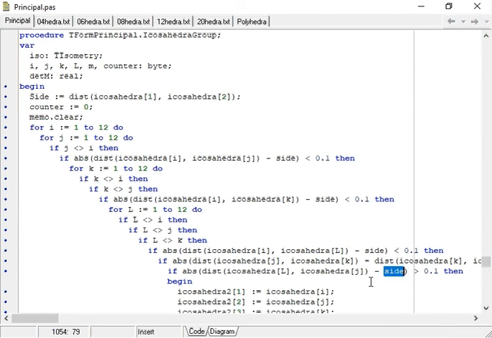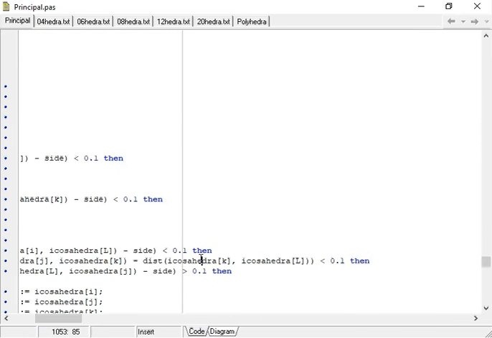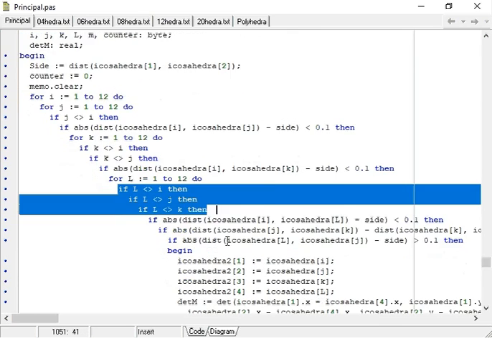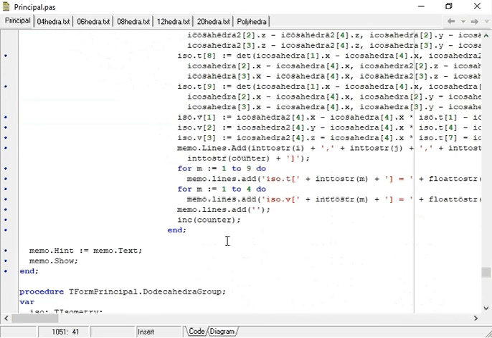We want that it is not the side. It's different from side. So the modulo is greater than the error. And this condition says that the distance from J to K is equal to the distance from K to L. This worked. We don't want K equals to I, J, L equal to I, J, K, and the same reasoning.